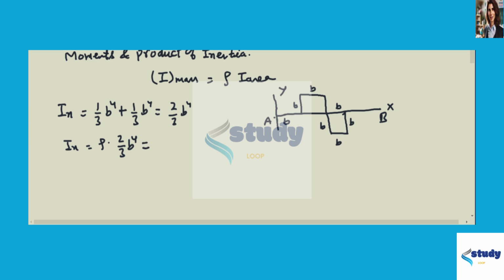Substitute the value. Rho we have already calculated as density, mass per unit area, and b is 0.5 to the power 4. On solving it, this would be 4.658 into 10 to the power of minus 3 slug feet square.